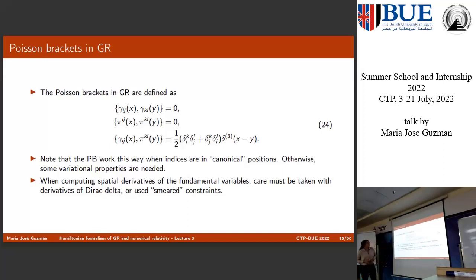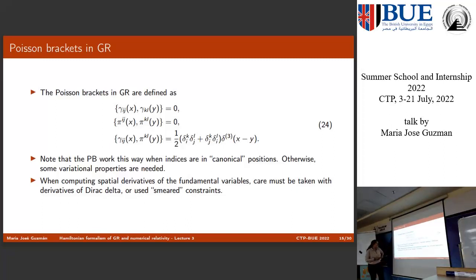And not only that, we could also put this index up, index down, index down, index up, and then we will get something different here, something related to the metric. So this is somehow the canonical position of the indices: the gamma goes with indices down, the pi goes with indices up. Otherwise, we need to define some other variable properties, which are not hard to get, but why would we complicate things, right?